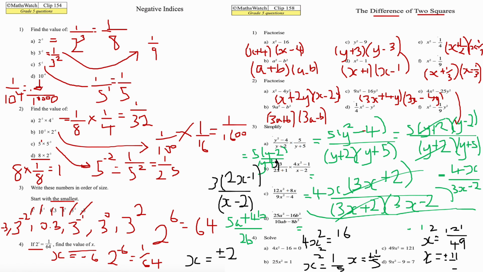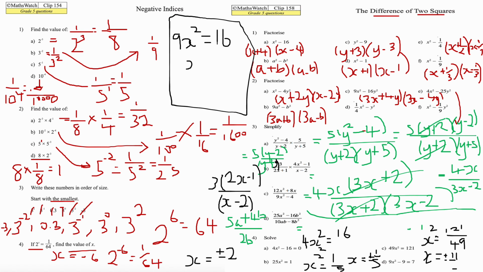And for part D, I'll do it up here because we've got a bit more space. So we've got 9x squared minus 9 is equal to 7. Adding 9 to both sides, we get 9x squared is equal to 16. Dividing both sides by 9, we get x squared is equal to 16 ninths.